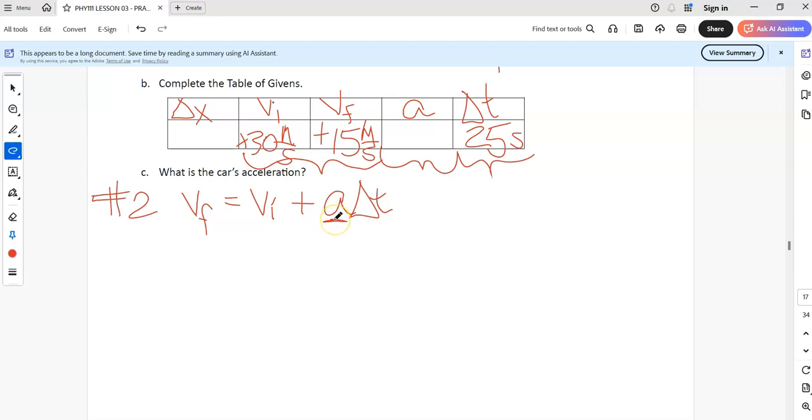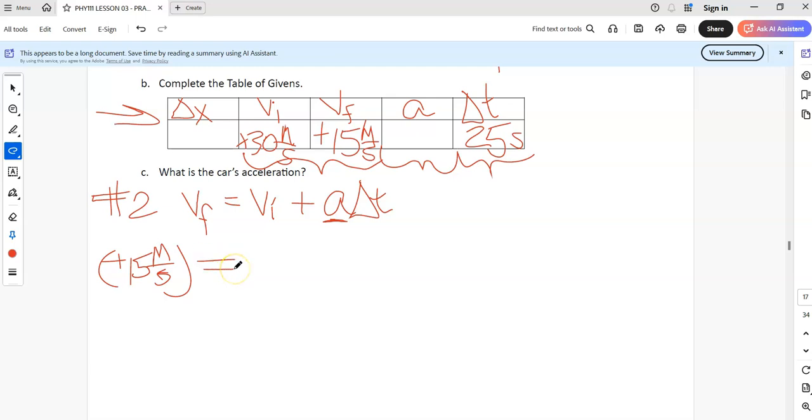Here is the one we need to solve for. We always write the equation without numbers in it first, then we write in our numbers. We have plus 15 meters per second is our final velocity. The use of the table is to make sure that the numbers you're putting in the formula match the numbers in your table. So make sure your table is correct based on the question.